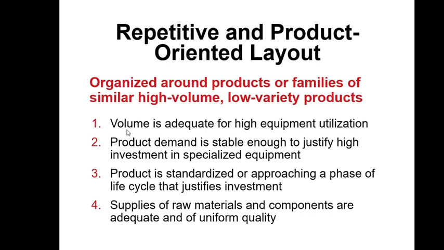That's why we said that volume is adequate for high equipment utilization. In order to reduce your fixed cost, or even your total cost, you have to produce in high volume. High volume means a high number of units. You should have massive production in order to reduce your cost, because your equipment should be utilized well.